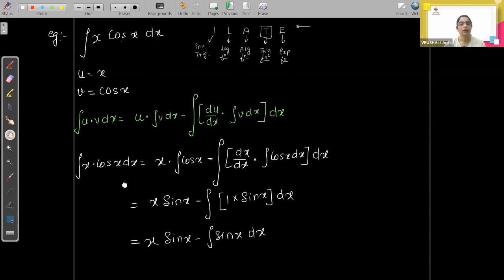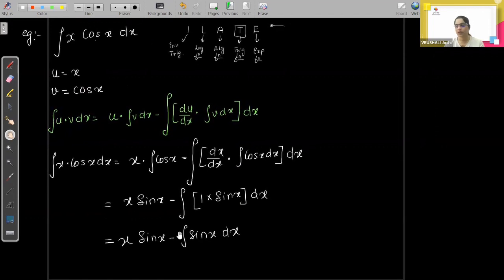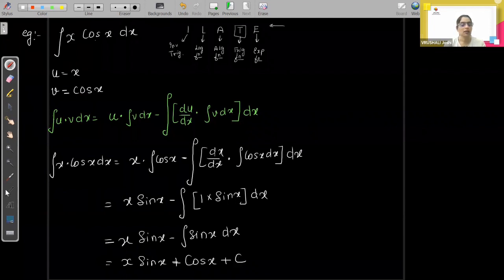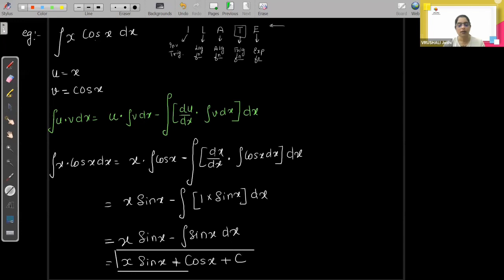I don't think there should be any trouble understanding until here, correct? Now, this is equal to x sin x minus integration of sin x is minus cos x, minus this will become plus cos x plus c. C is still there because we are doing indefinite integrals, correct? So this is your final answer.